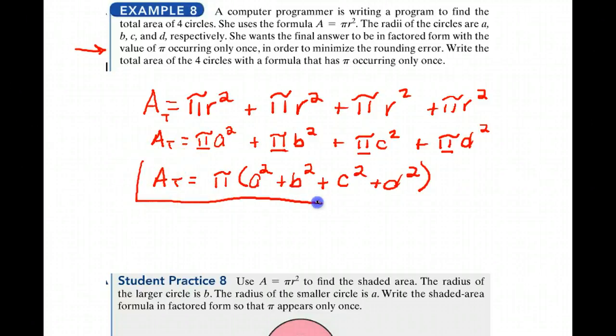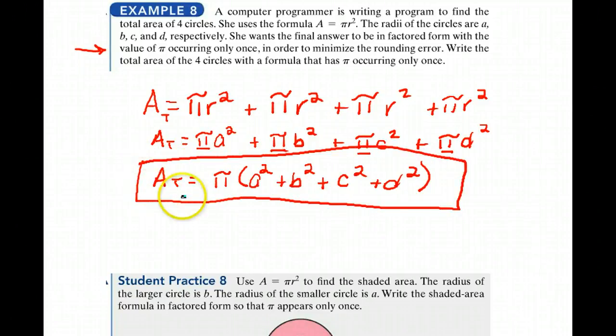But this final formula has pi written just one time, and it's going to allow us to square the radii, add them together, and then multiply by pi, thus only having to round one time.